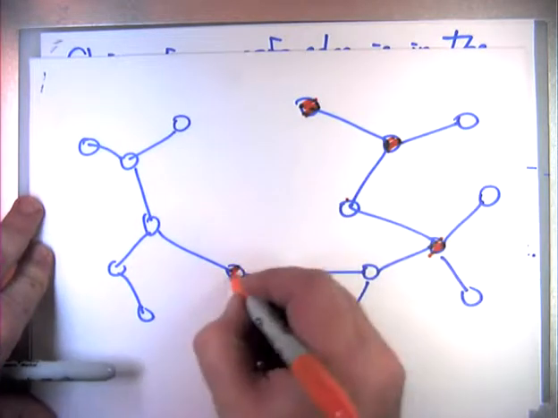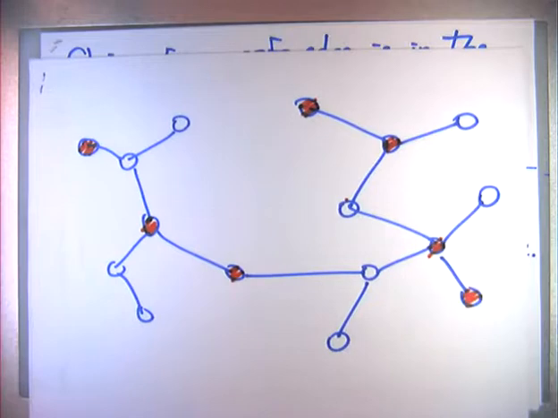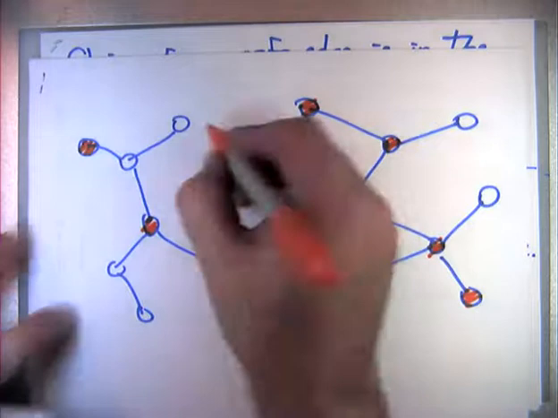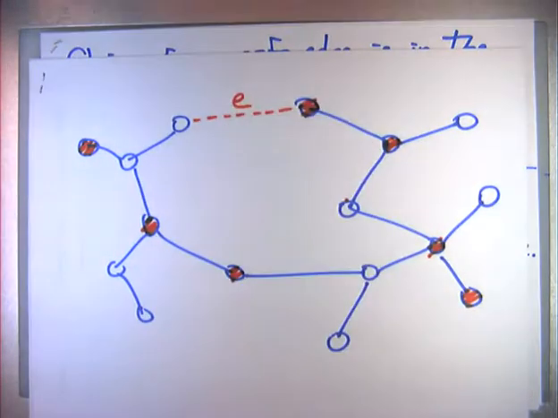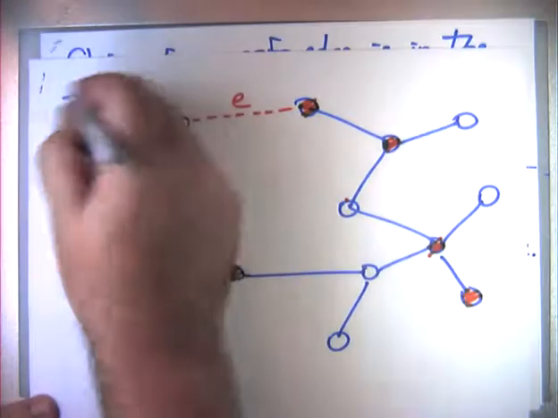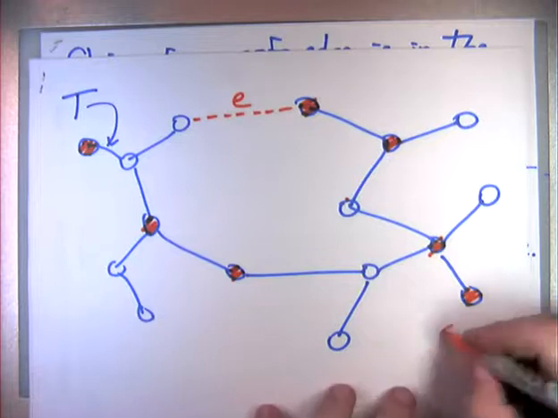Maybe it looks like this. Okay, so the orange vertices are the ones in S, and here is E. This is the minimum weight edge that has one orange endpoint and one white endpoint. Right, this is the edge that's missing. This is an edge that's missing from the spanning tree T. Okay, so this is T. And S are these things.